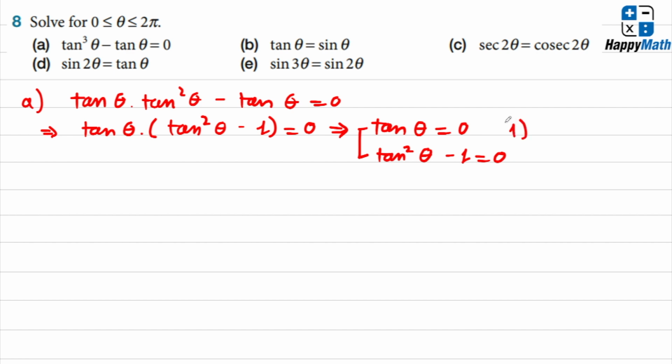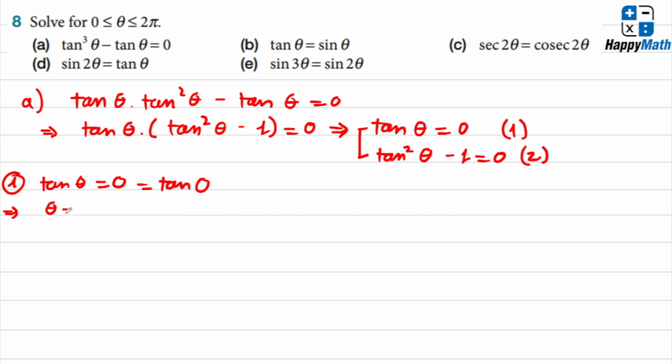Okay, we call this equation 1, and the second equation will be here. For the first, you get tan theta equal to 0. This means tan of 0, and you get the radian for the unit angle.